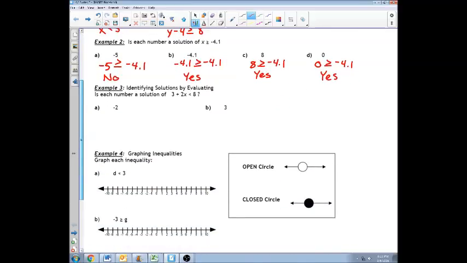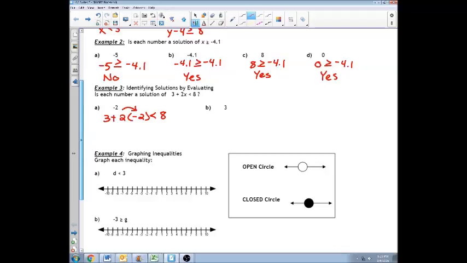Example 3, identify solutions by evaluating. What we're going to do is take our number and plug it in for the x value and see if it makes the inequality true. So if I have 3 plus 2 times negative 2, is that less than, not less than or equal to, I'm sorry, is that less than positive 8?